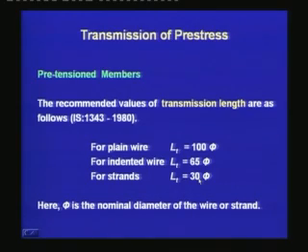Thus, here we can see that the only factor being considered in the transmission length is the size of the tendon. No other factor has been considered in this simple estimate.